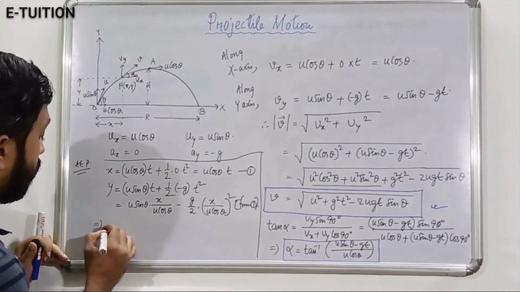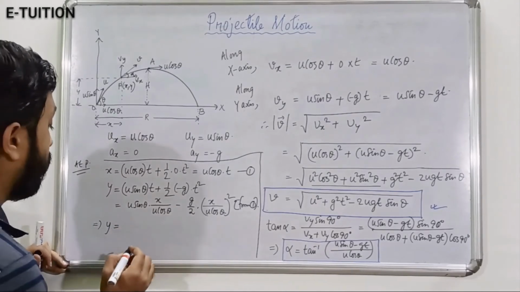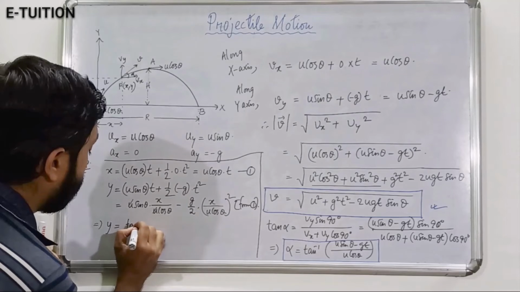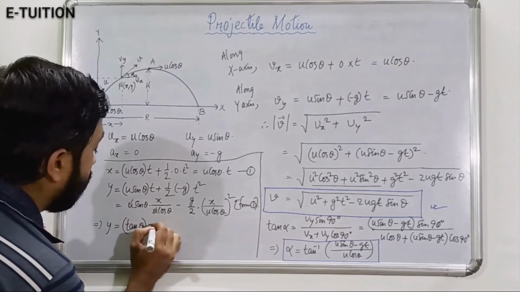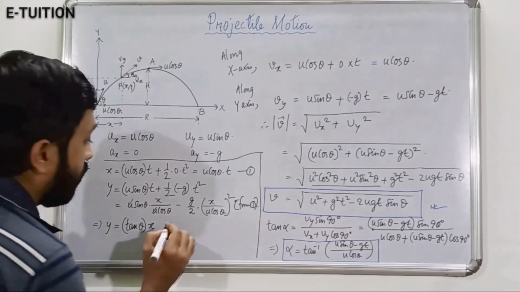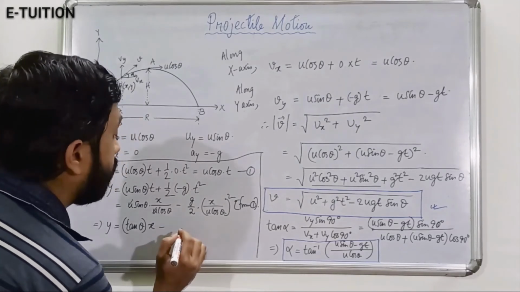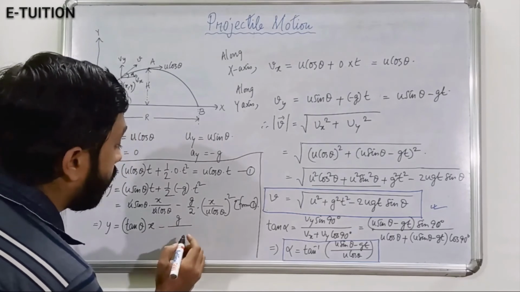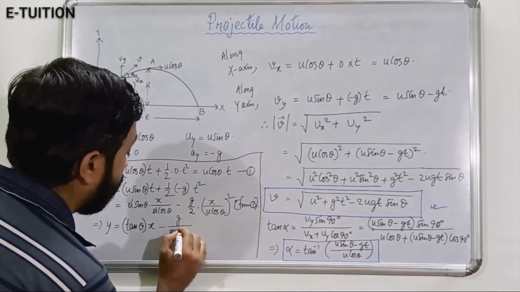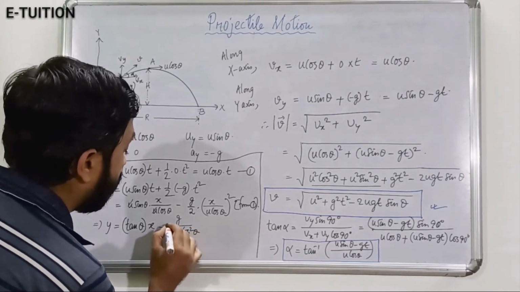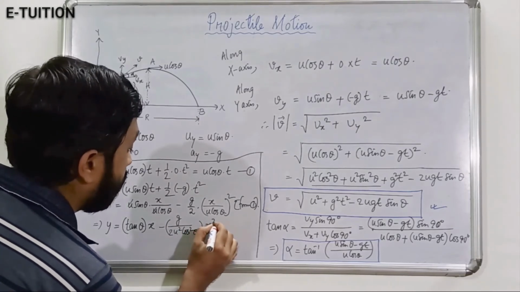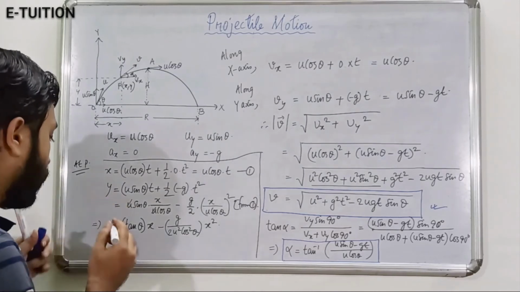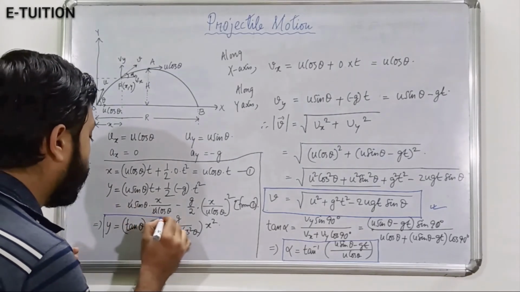So how much is y actually? u got cancelled. y equals tan theta multiplied by x minus g divided by 2u square cos square theta times x square. That is actually the equation of the path of a projectile, or the equation of the trajectory.